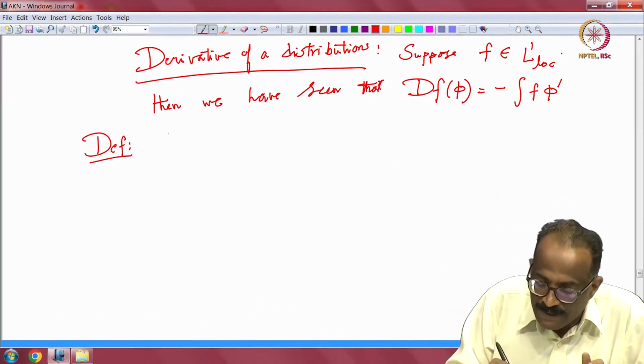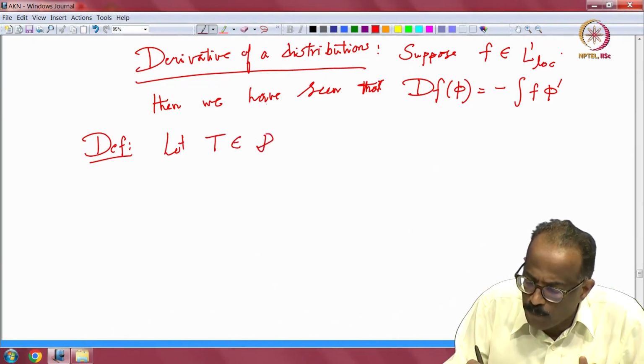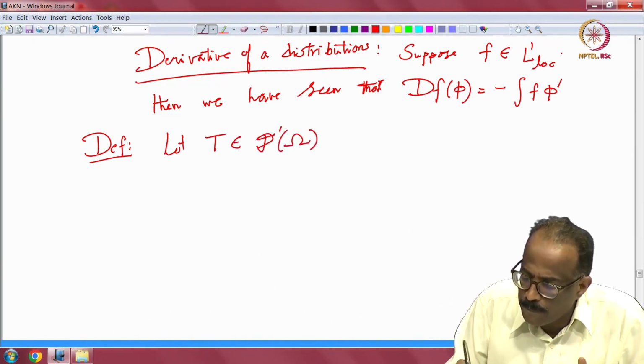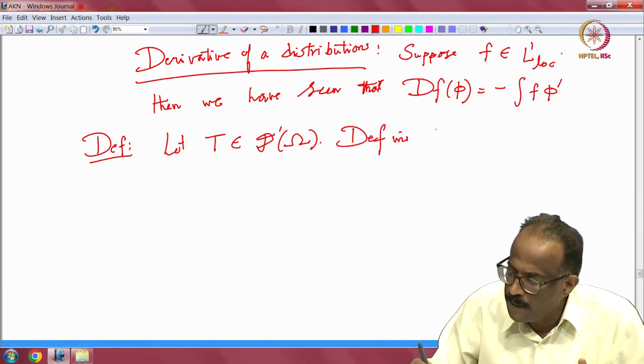So let T belong to D prime of Omega. Define D power alpha, for any multi-index alpha.